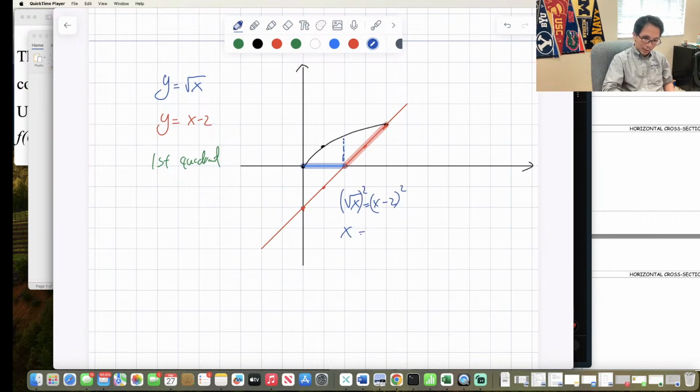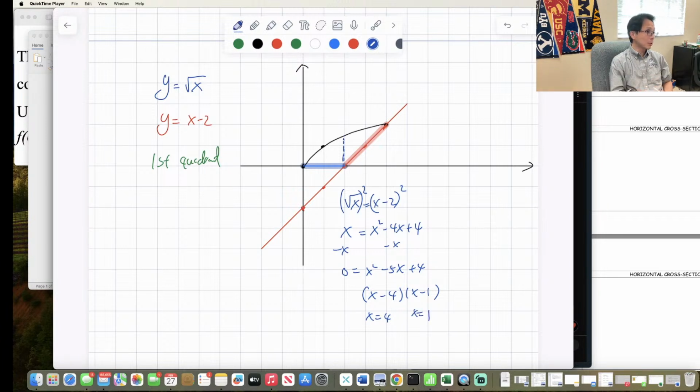That's going to be x equal to, now do not kill puppy here, so it'll be x squared minus 4x plus 4. It's not x squared plus 4 or x squared minus 4. Does that make sense? Now I'm going to subtract x on both sides. So that's going to be 0 equal to x squared minus 5x plus 4. You're going to have to factor: x minus 4 and x minus 1. Now you're going to get x equal to 4, x equal to 1.